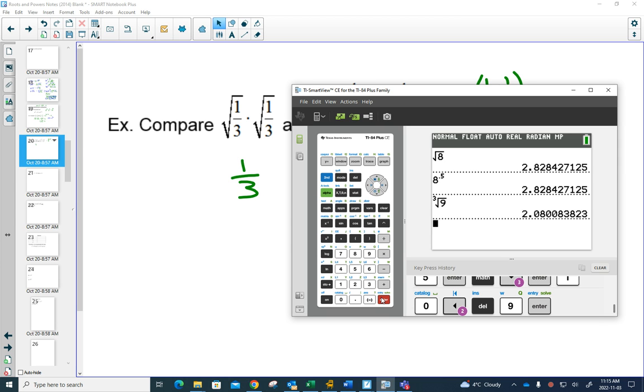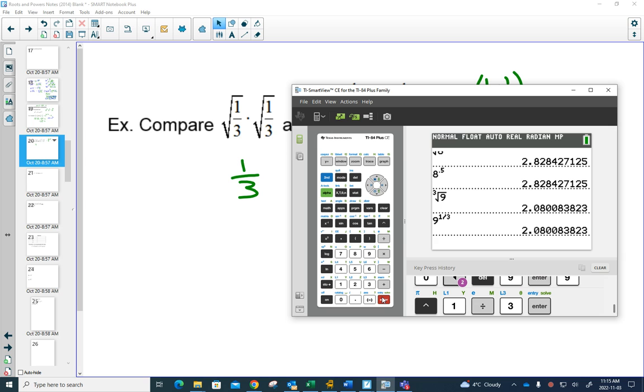Because cube root is something times something times something. Cube root of 9 is 2.08. But I could also do 9 and type in 1 divided by 3 up here and get the same answer. So sometimes the fraction one is nice on your calculator, sometimes the square root is nice.